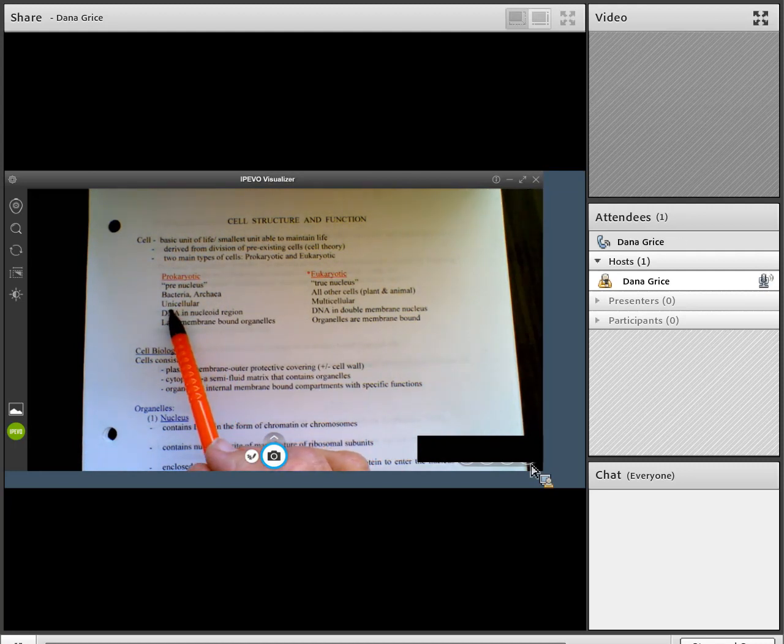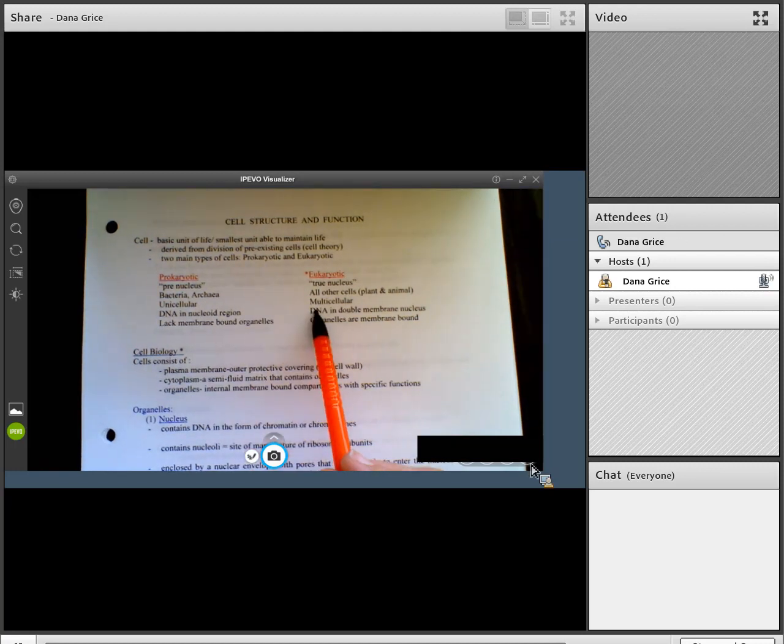And the only thing I haven't mentioned, well, a couple things I haven't mentioned here. Let's go here. Uni, most of you know that means one, like a unicycle. One cell. These can exist, they don't have to, but they can exist on their own. Multi, obviously meaning many cells. If you look at eukaryotic organisms, they can only live as clusters of cells. You have trillions and trillions of cells.